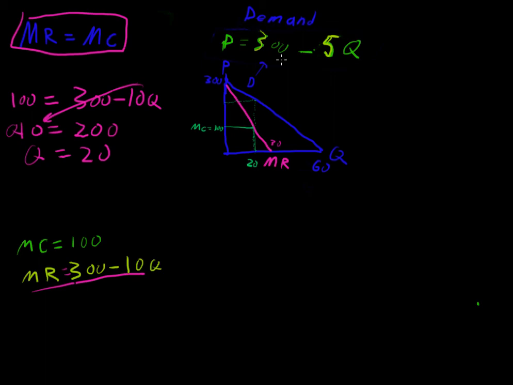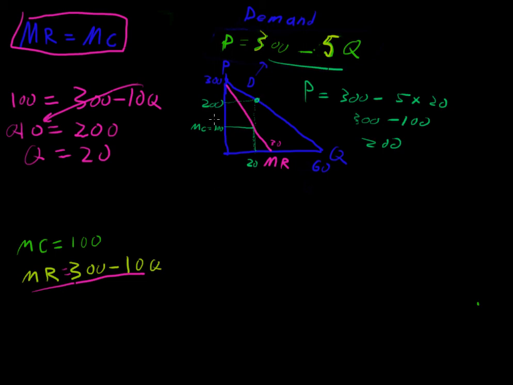The way we solve for it is we simply solve this equation. Price in the market is equal to 300 minus 5 times the quantity of 20. So that's 300 minus 100, which is equal to 200. Okay, so the price on the market is 200, which you can see lines up perfectly at this point.